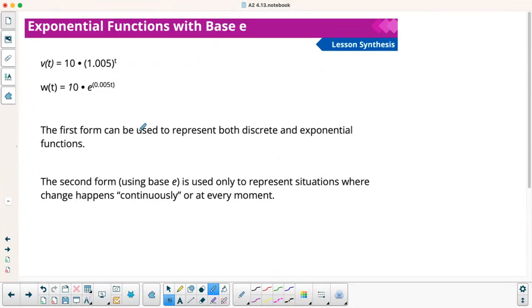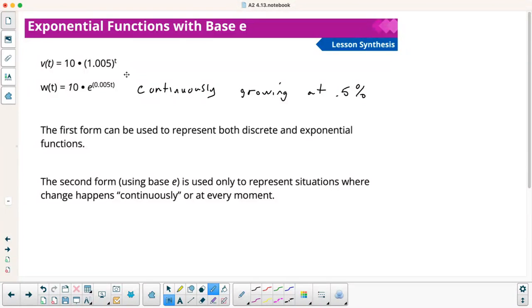All right, so here are two functions. They both kind of represent the same thing. This one is just continuously growing at 0.5%, whatever t is.